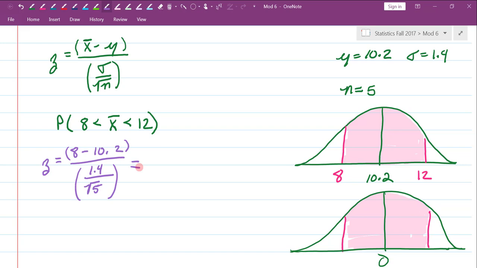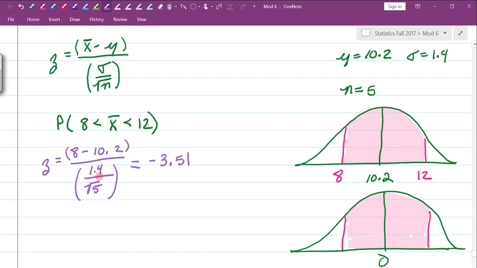So if you punch this in just like this, you will get negative 3.51. Because it's a z-value, you don't need to go past 2 decimal places. Now, if you went ahead and just calculated this to begin with, and let's say you only rounded it to 2 decimal places, your answer is going to be different than mine slightly, okay?